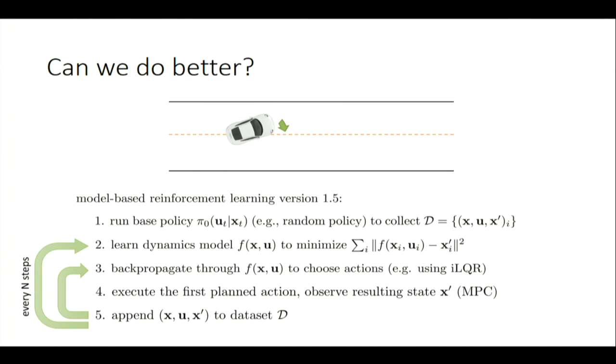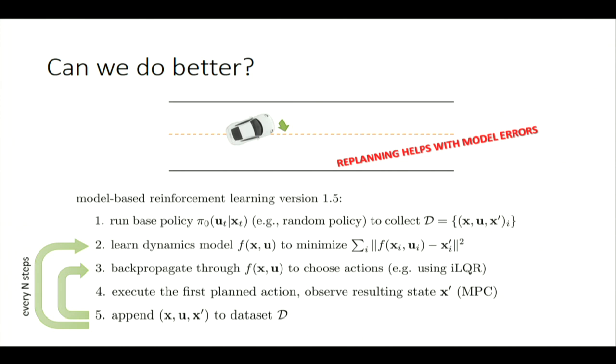The short version is that replanning helps with model errors. If you're doing model-based RL, replanning every time step, or model predictive control, goes with that very well, because model predictive control tends to compensate for model errors. If you don't get exactly the state you expect, that's okay, you just replan for the optimal action. So this is version 1.5.